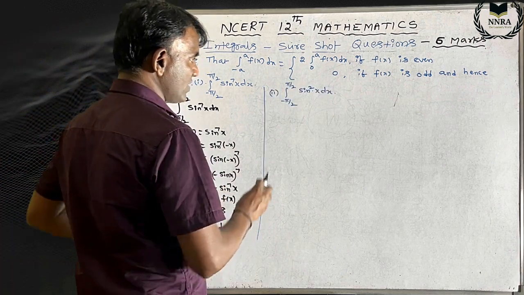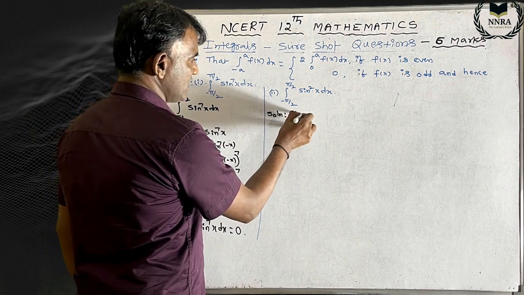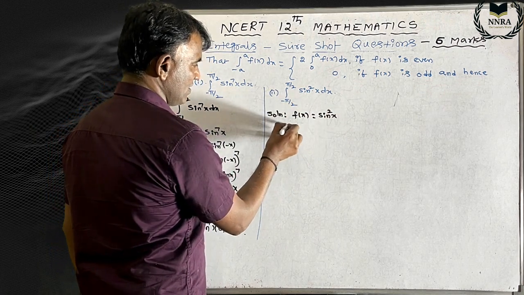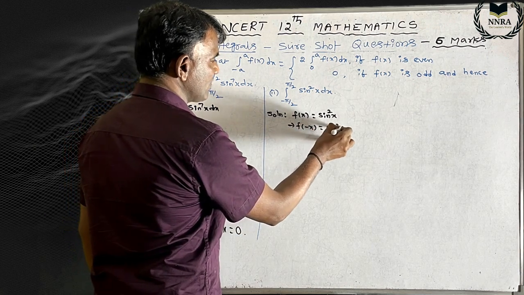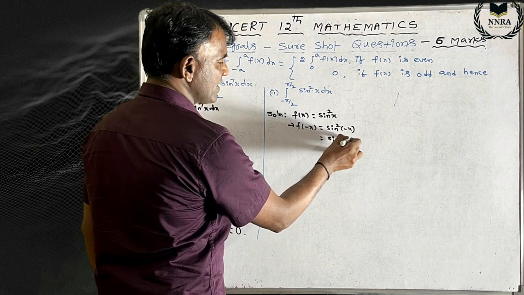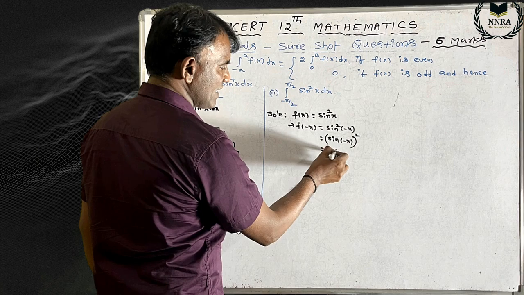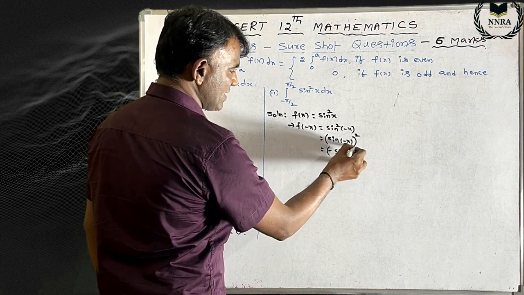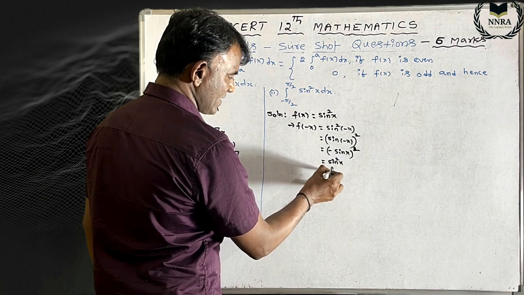Now this is the second question. What is f of x? Sin square x. Now f of minus x equals sine square of minus x, that is sine of minus x whole square, which can be written as minus sine x whole square, which is sine square x, equal to f of x.